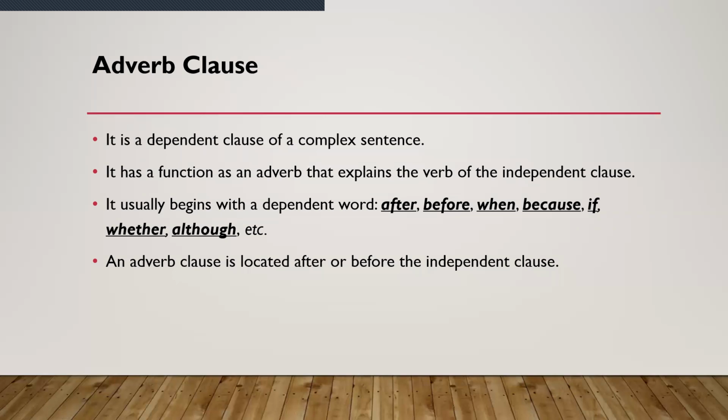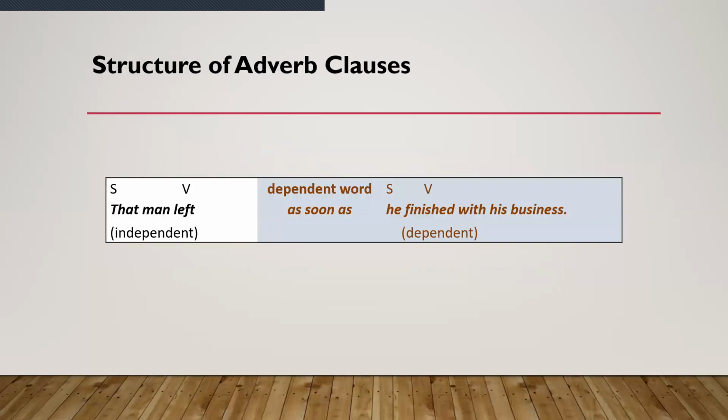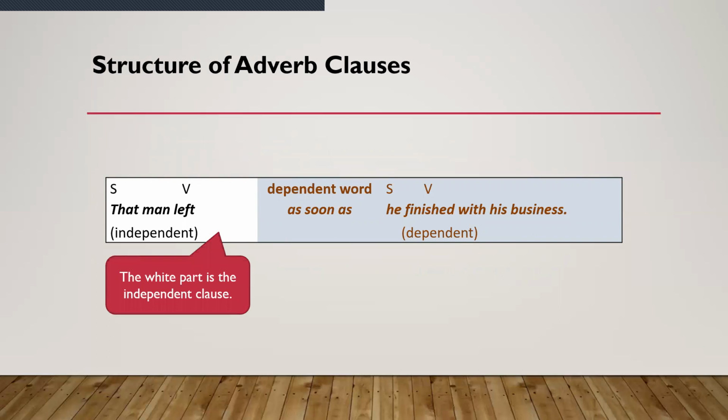So let's see here. Here is the structure of an adverb clause, or we can say this is the structure of a complex sentence that has an adverb clause. The white part is the independent clause and the gray part is the dependent clause.